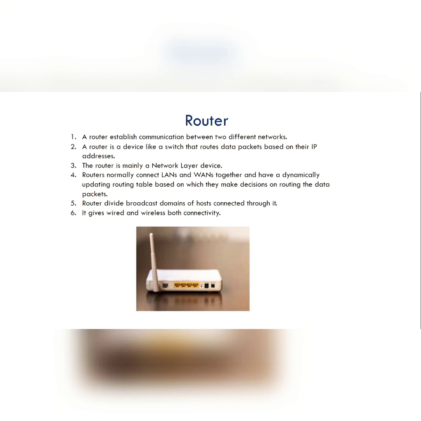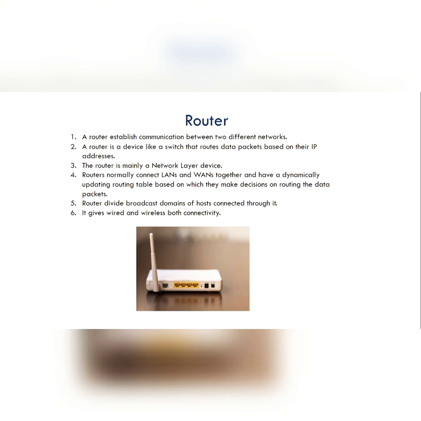Like if you have a router at your home, all the devices are connected to the router. Your home network is a LAN, and the network through which the internet is coming to your router is a WAN. So it is the interface between your LAN and WAN network.